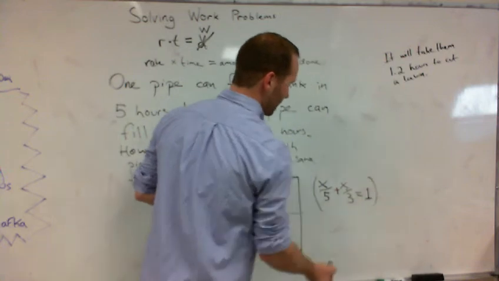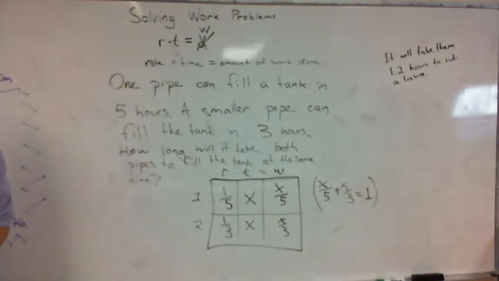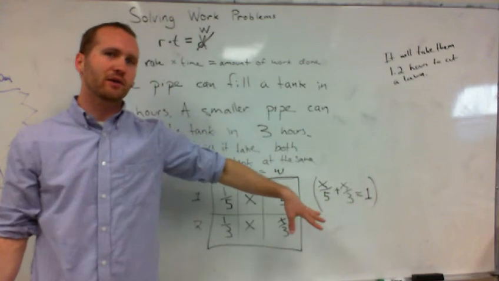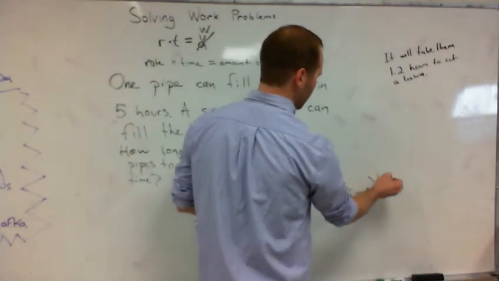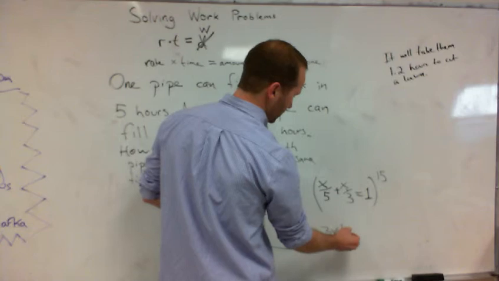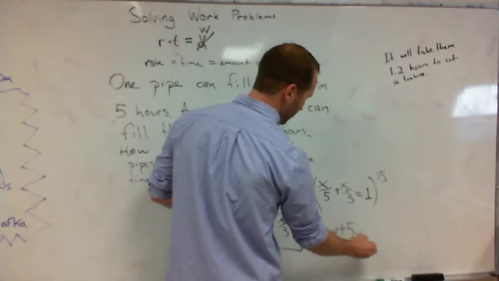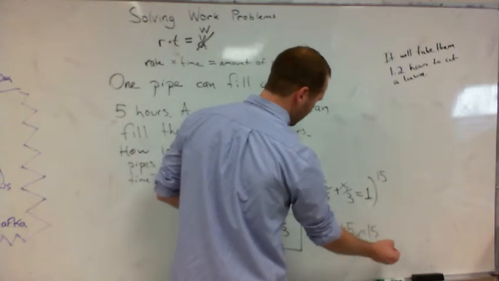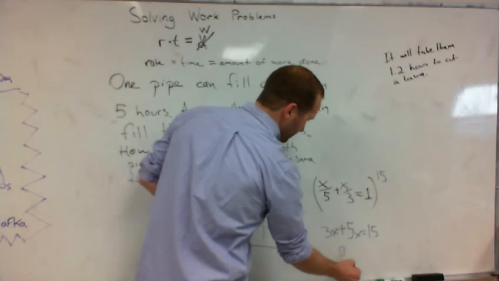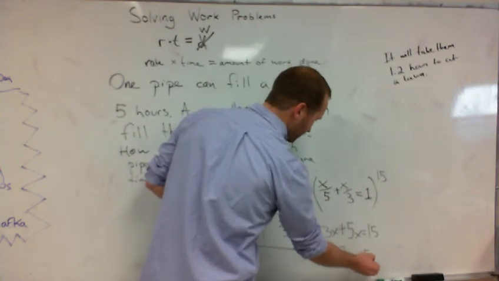Again, we're going to multiply through by our LCD. What is the lowest common denominator of 1/5 and 1/3? 15. So then I have 3x plus 5x equals 15. In other words, 8x equals 15.